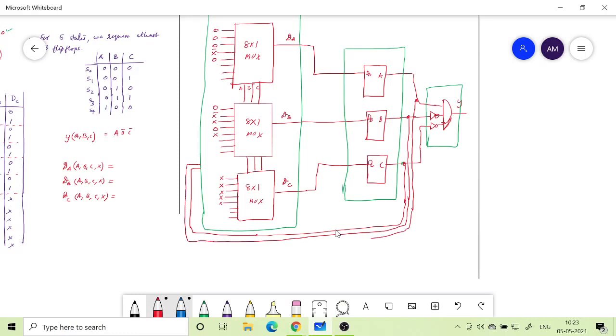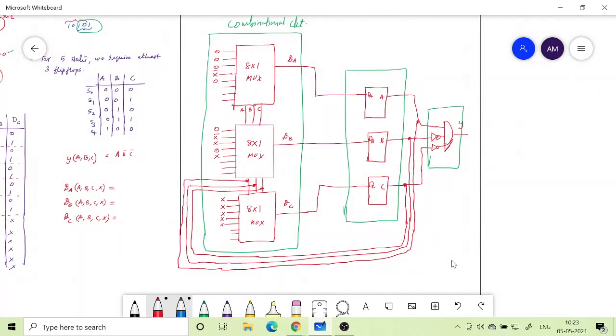And then the drawing may be looking very bad, but okay, so the outer one is connected to A, B. Okay, so this is basically the complete circuit.